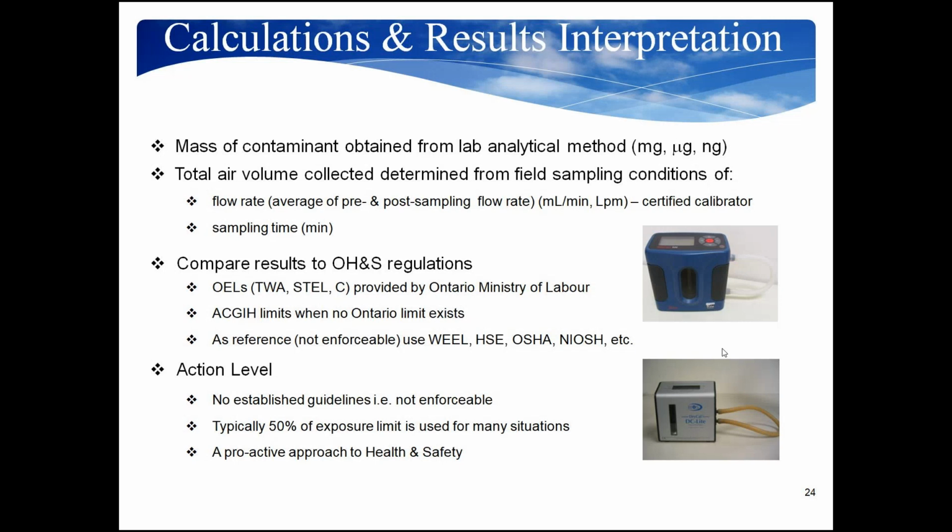It's when an individual compound reaches 50% of its exposure limit, and so it's a good point to start considering what you could do to mitigate the air quality contaminants and try to reduce those before something like ventilation or production levels change and airborne concentrations increase, and you might reach the limit or exceed the limit. So it's just a good point to start being proactive and thinking about reductions to the air contaminants.